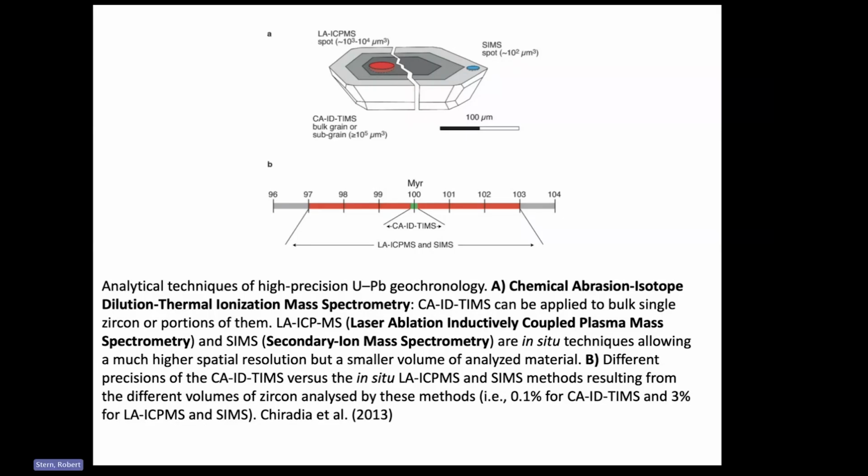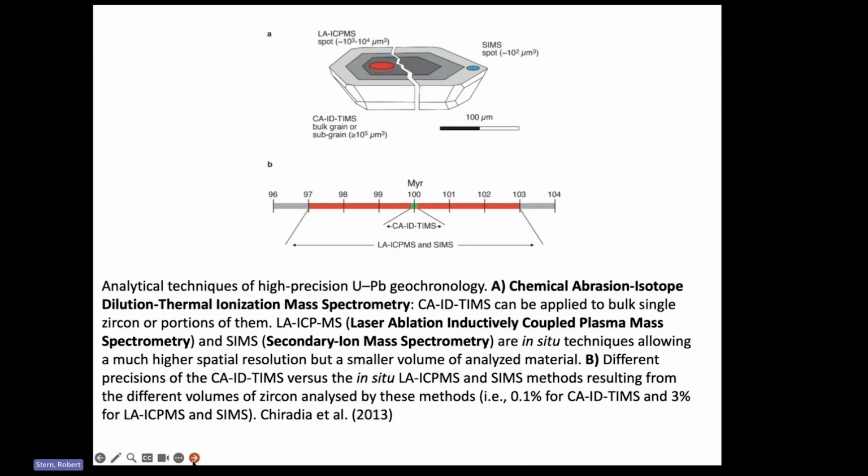With the laser ablation ICP-MS and secondary ion mass spectrometry, you're aiming a spot at a zircon that hasn't been digested. So we don't have to get into the details, but the fact of the matter is you can get a good age pretty cheaply by laser ablation ICP-MS. And if you really need a tight age, then you're going to have to pay big bucks for a chemical abrasion. But these techniques are available.